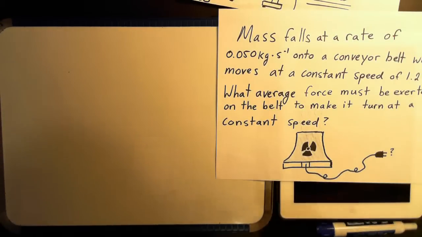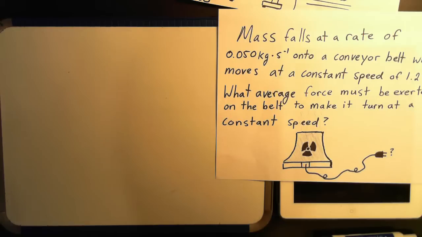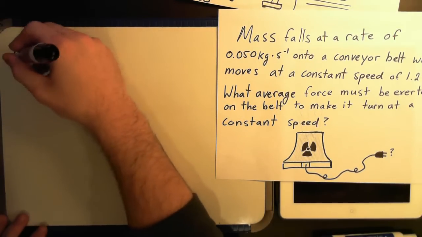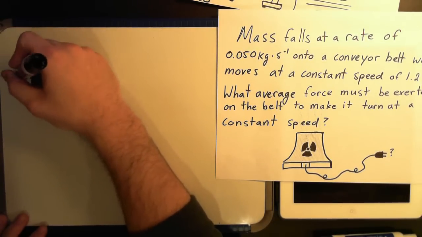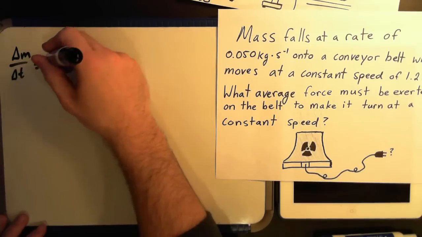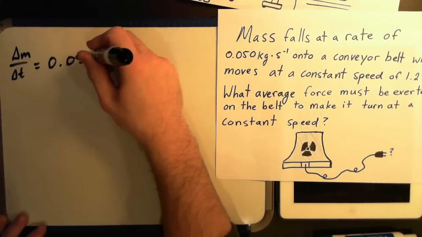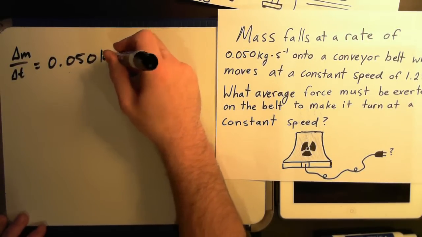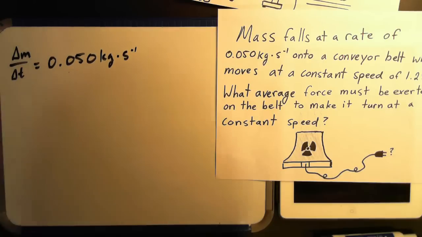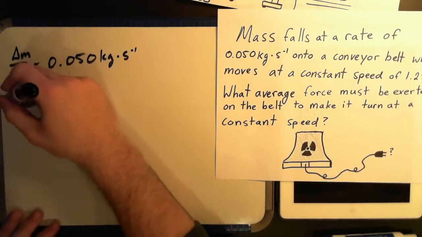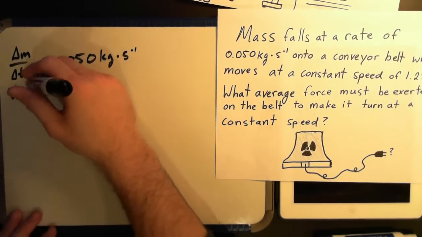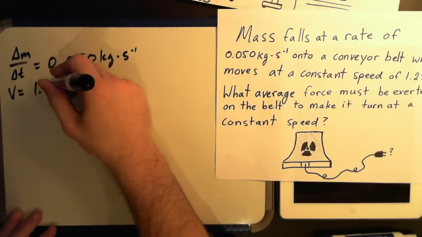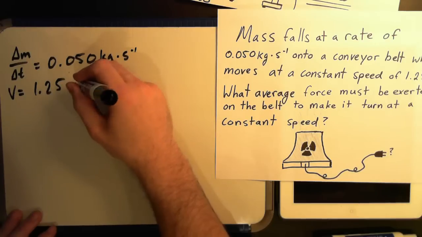So let's get our variables defined here, and in this one we actually do have the change in mass over the change in time, and that is 0.050 kilograms per second. And we also have our velocity of our conveyor belt, which is 1.25 meters per second.